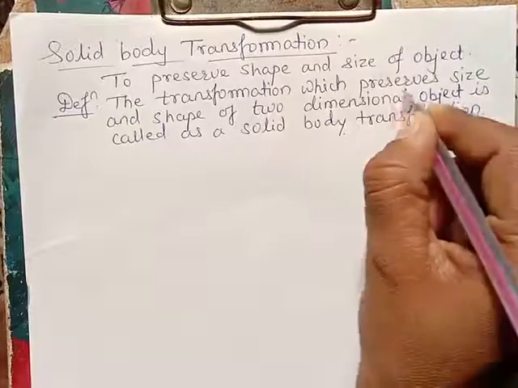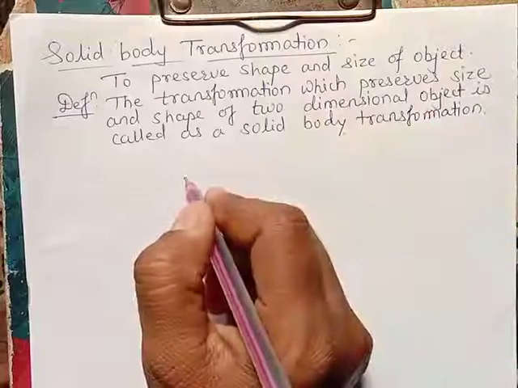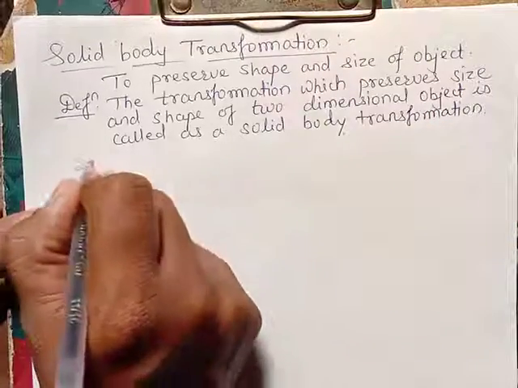A transformation which preserves size and shape of a two-dimensional object is called solid body transformation.